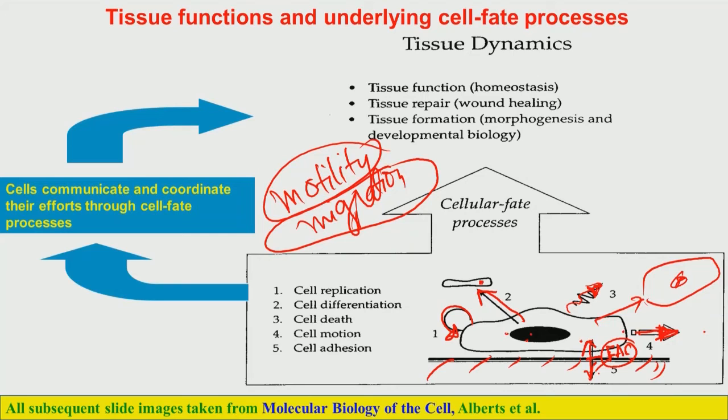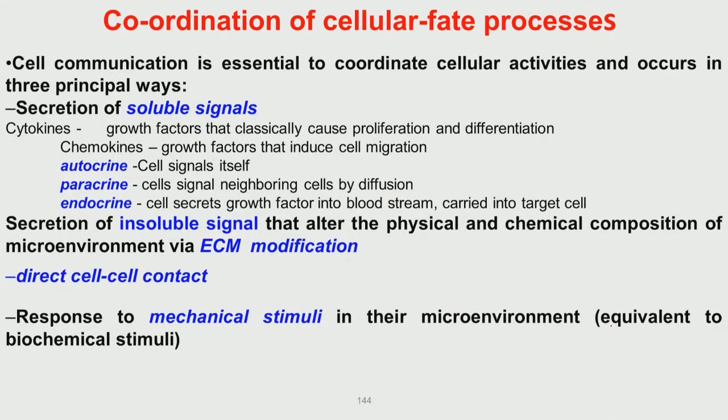This kind of transport, or going from one place to another on a non-biological synthetic surface, is known as cell migration. And the 5th one is cell adhesion that I have mentioned earlier.